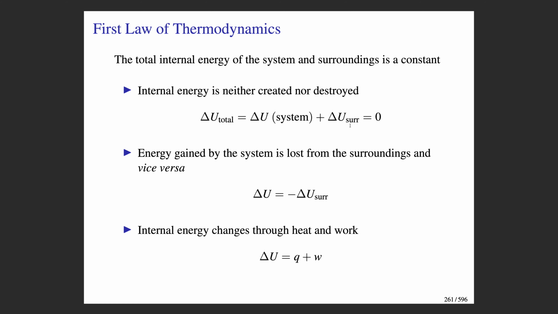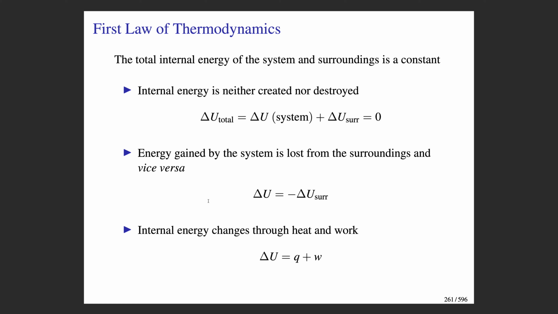However, if you're referring to the surroundings or the total composite system, you need to put in the subscripts. In any case, given this relationship between the change in the internal energy of the system and that of the surroundings, you see that any change in energy of the system is equal and opposite to that change in the surroundings, and vice versa.